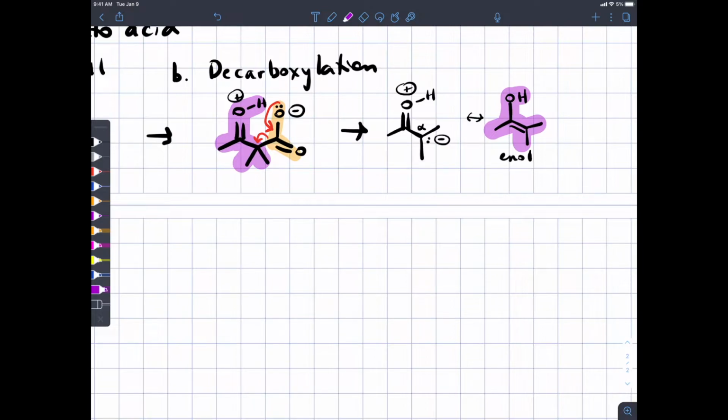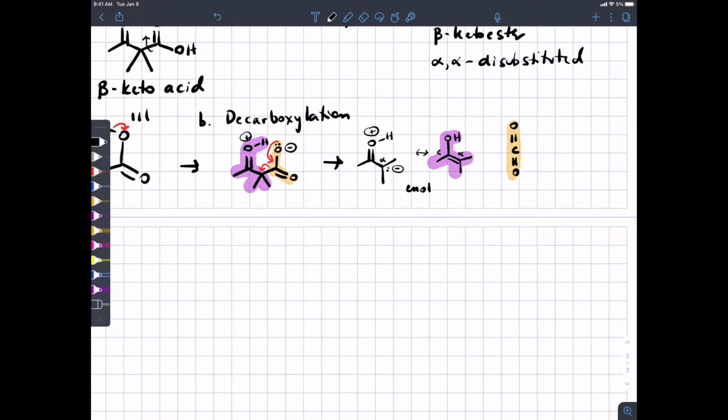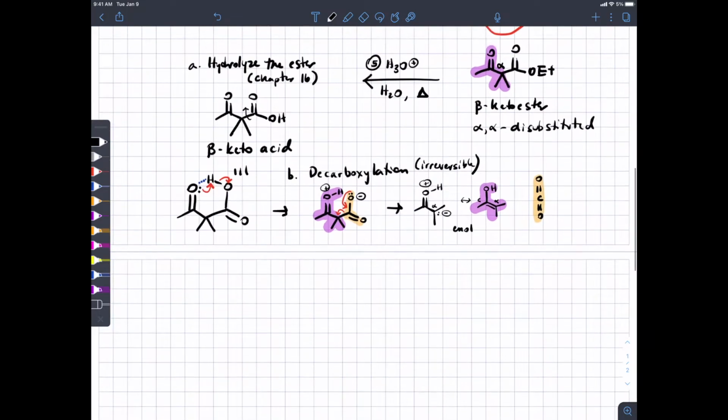An enol because we have a double bond between carbonyl carbon and alpha carbon, and then what used to be the carbonyl oxygen is an OH group. So that was what left. And the thing that did the kicking off is CO2, which is a gas and bubbles off. So this decarboxylation step is irreversible. You make the CO2 and it's gone. All right?